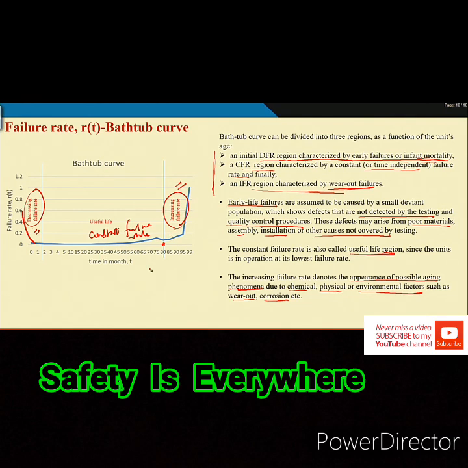Because of age, maybe overuse, stress, and environmental and chemical factors, the component, unit or system may undergo the wear out phase, and it is basically reaching towards its death. You have to dispose of the unit from operation. Okay, so that is the meaning of hazard rate or hazard function.